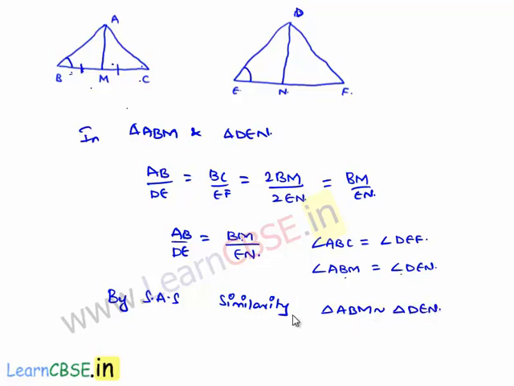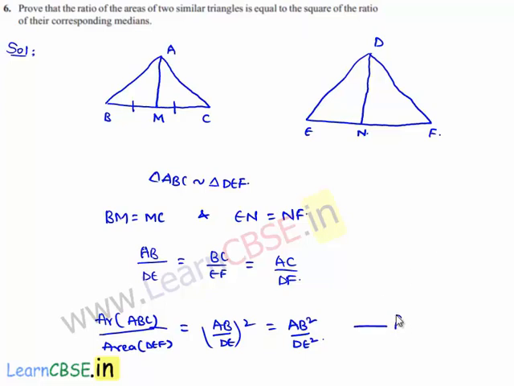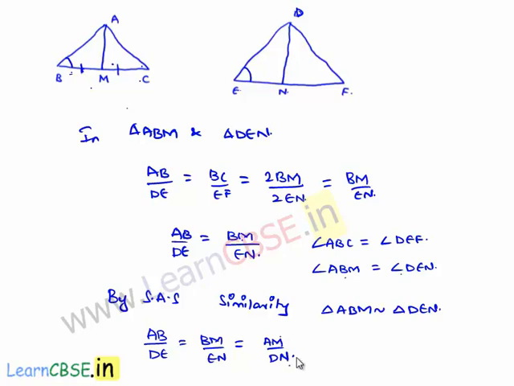And we know that if two triangles are similar, then their sides will be in proportion. Therefore, we can write AB by DE is equal to BM by EN is equal to AM by DN, those will be also in proportion. Now, instead of AB by DE, in equation 1, let us replace AM by DN.